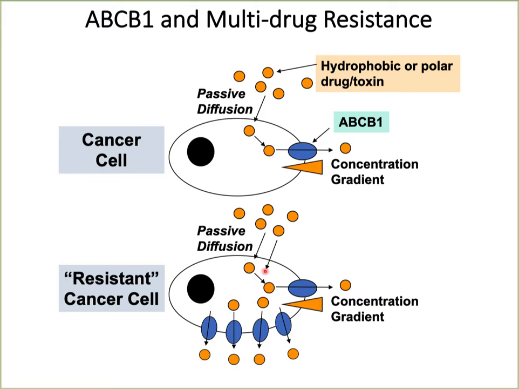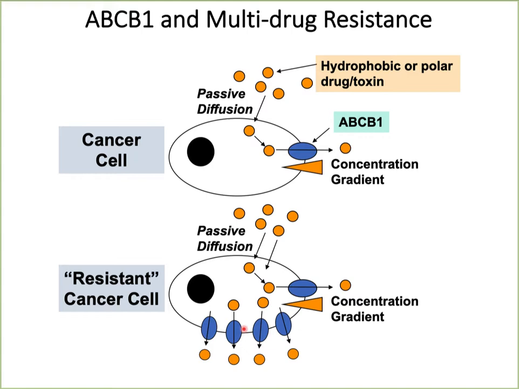The chemotherapeutic agents enter by passive diffusion, but they are rapidly pumped out to the extracellular space. They have no effect. They are not able to kill the cancer cell because a lot of these agents are cell cycle toxins that block cell division. When we talk about cell division, we will talk more about these chemotherapeutic agents.